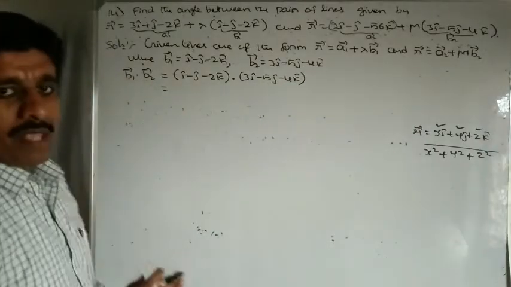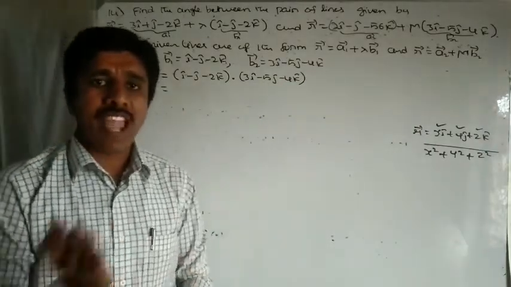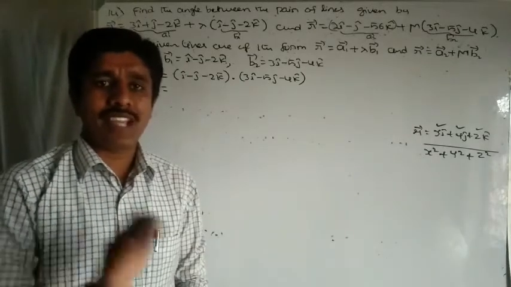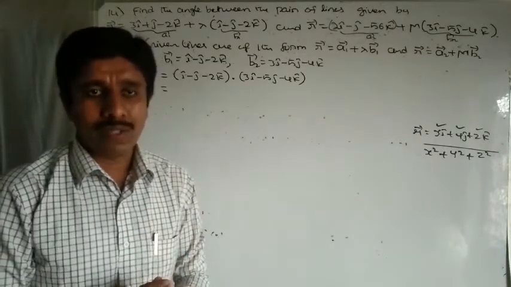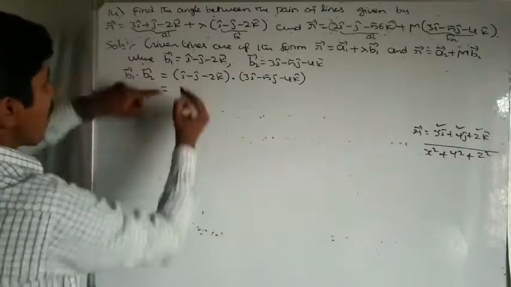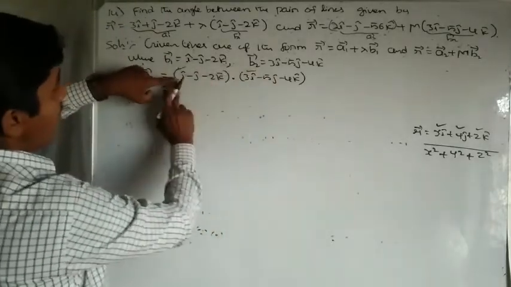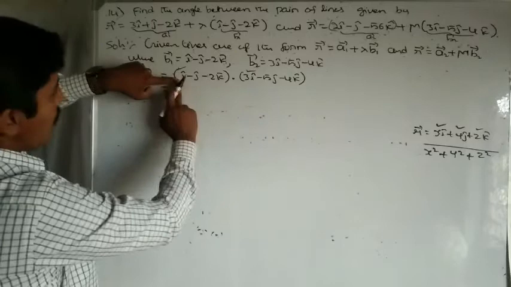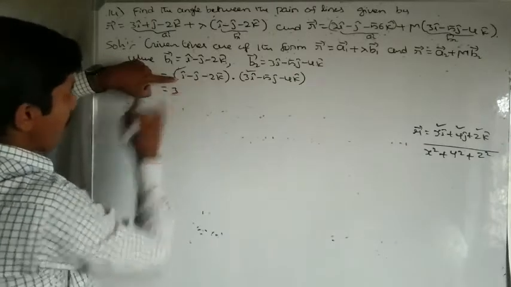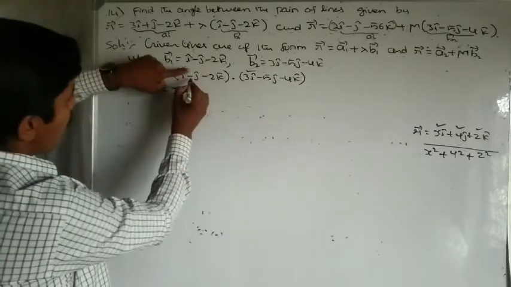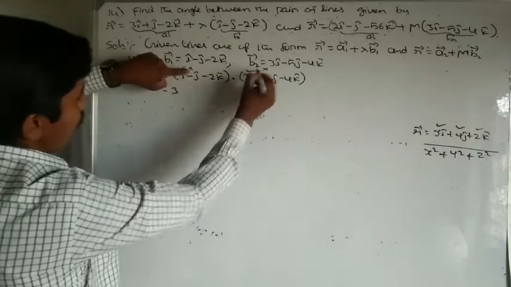Dot means multiplying corresponding i coefficients, j coefficients, k coefficients, and adding, we get the dot value. Very easy one, mind it. First I am multiplying i coefficients. Here i coefficient 1, here i coefficient 3. 1 into 3, 3. Next j coefficient. Here we have minus 1, here j coefficient minus 5.